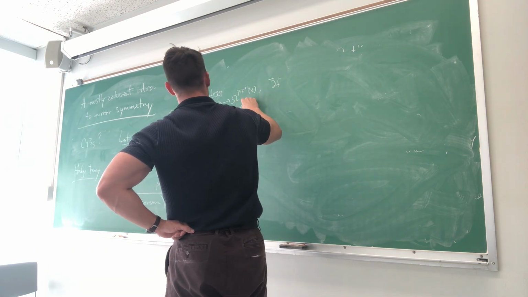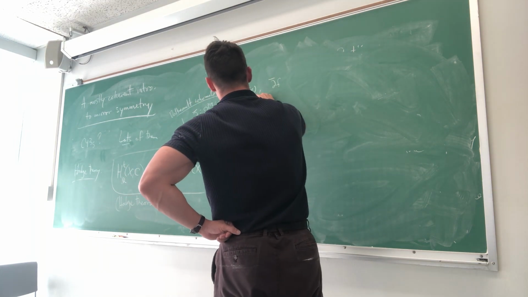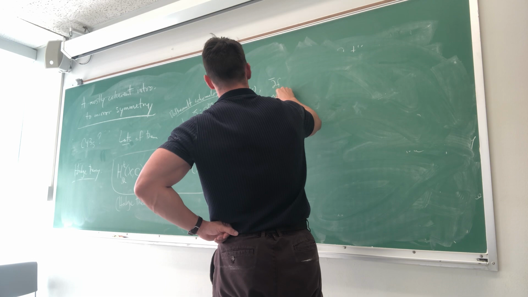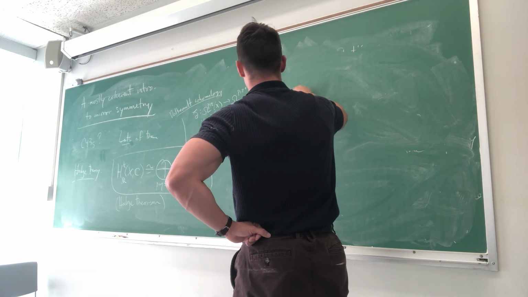It's got p of these holomorphic parts and q of these anti-holomorphic parts. Of course, we can take sums of these things.